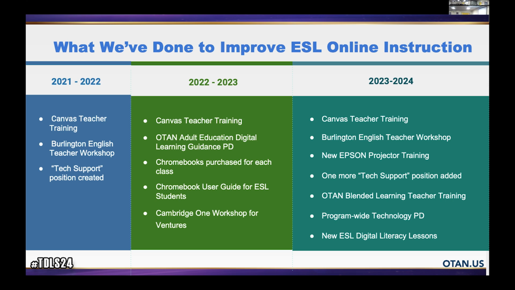It's 12 hours of training for our teachers, and we also gave our teachers some assignments to prepare them and make them ready for the hybrid class. And then I think at the beginning of this year, we had a program-wide technology PD.